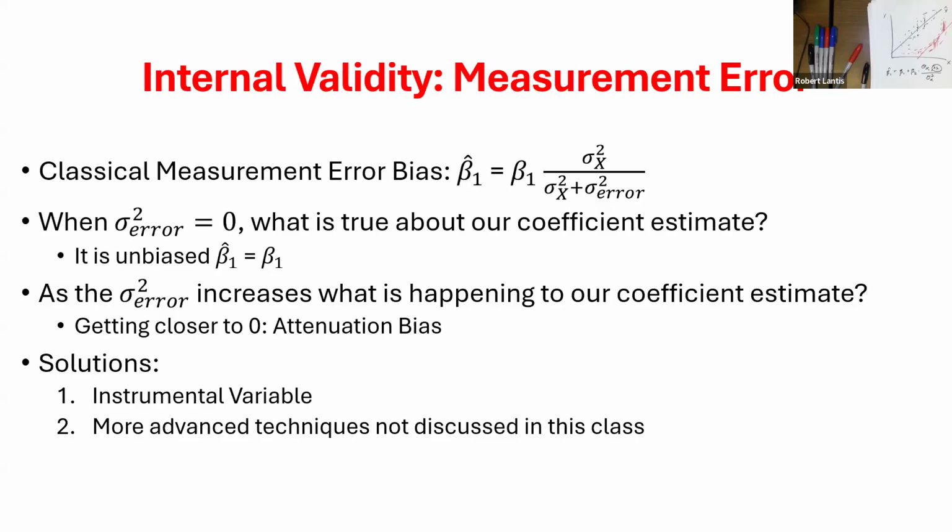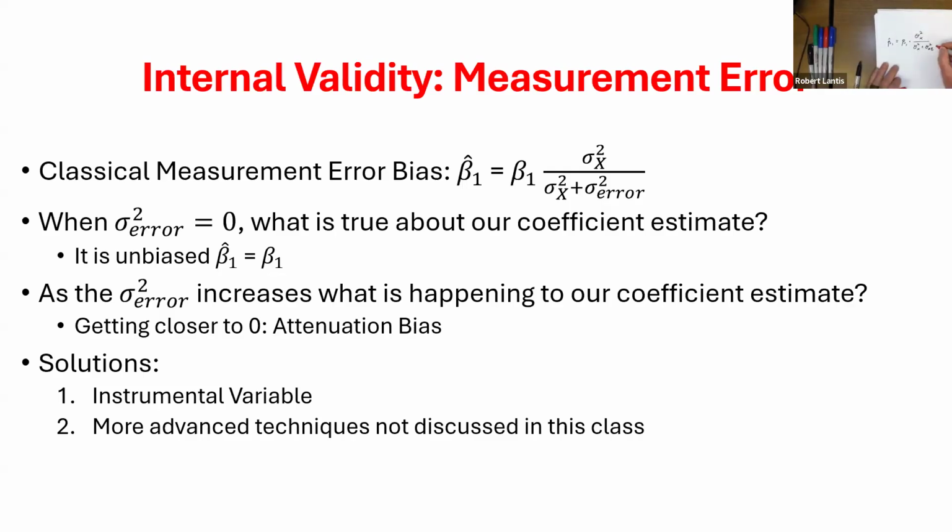This is where writing this out, which I tell students all the time, helps organize your thoughts. So the coefficient estimate I see is the actual effect times the variance in that original X variable over that variance plus the variance of the measurement error. Here ME is the measurement error.